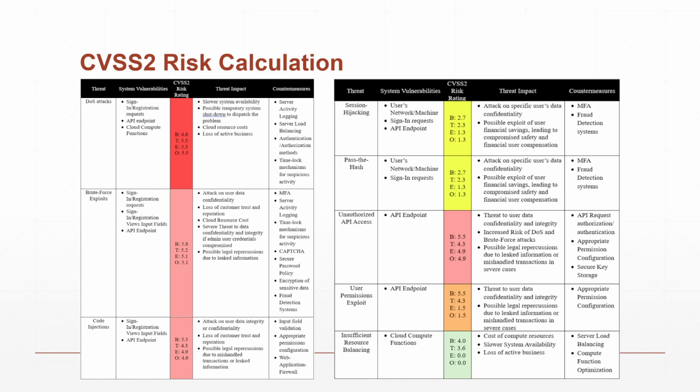And here we can see that denial of service attacks would present the highest risk rating based on the vulnerability score, followed by brute force exploits, unauthorized API access, user permissions exploit, and man-in-the-middle attacks.